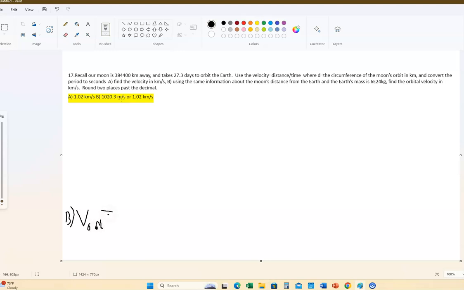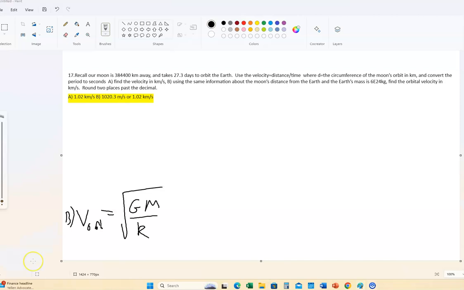The orbital velocity is just like the escape velocity, but you don't put the square root of 2 in there. It's just the square root of GM over r. I made that square root too big, but you get the idea, right? That's how you do that one.